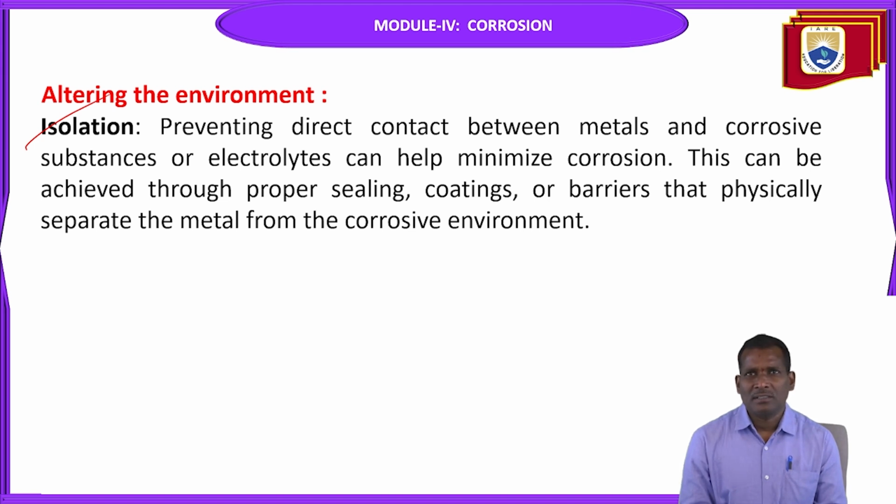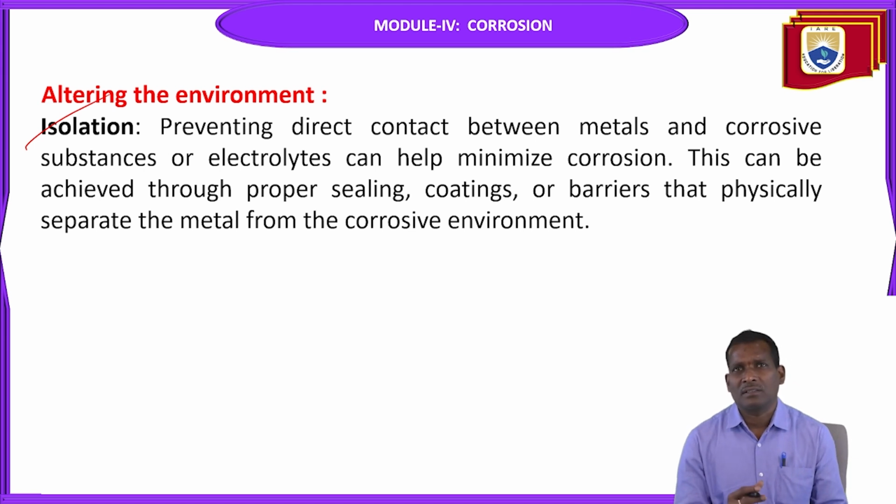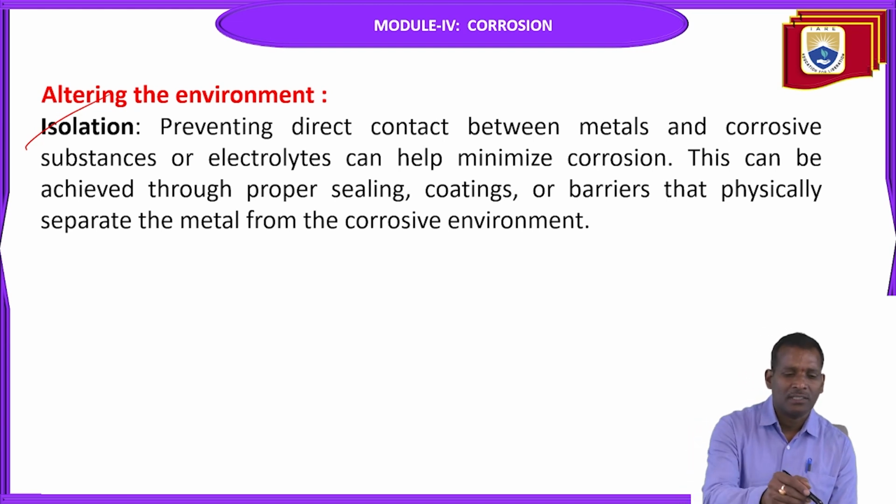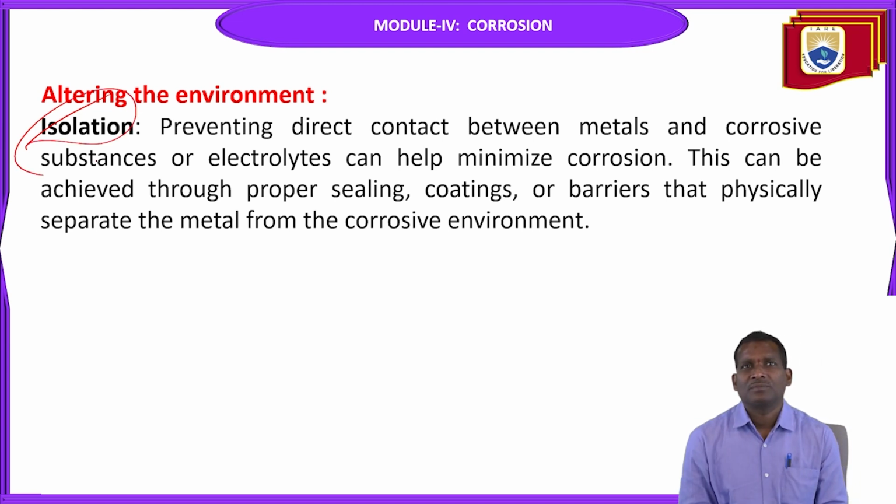By avoiding this contact between the metals and these electrolytes, you can reduce the corrosion. This can be achieved through proper sealing, coatings, or barriers that physically separate the metal from the corrosive environment. This method is called isolation.